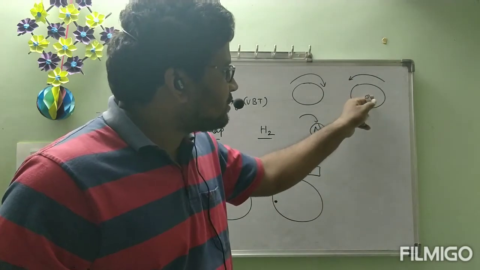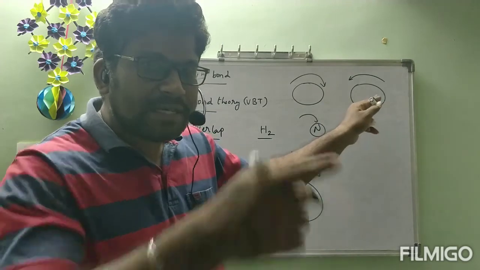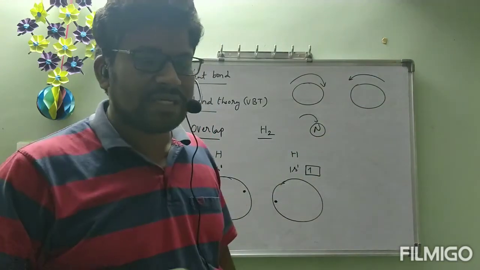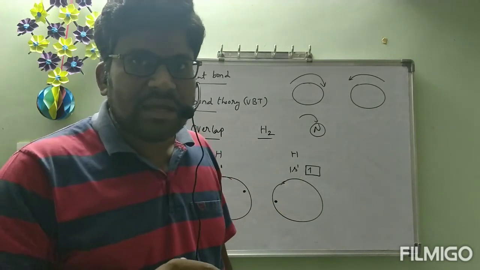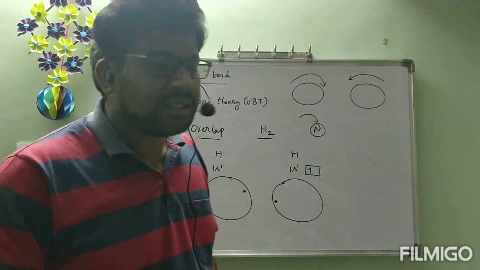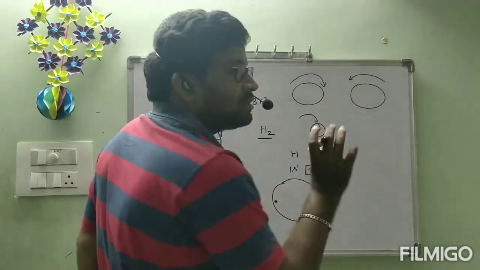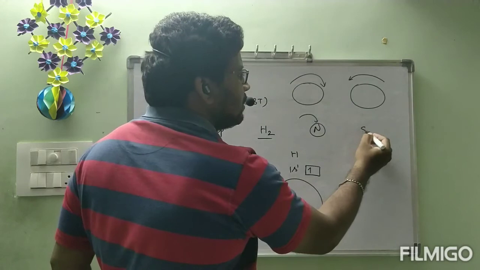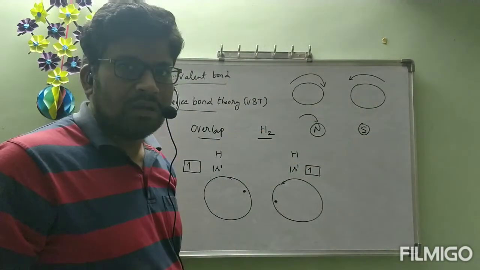In the same way, this second electron has the same magnitude, but it spins in anti-clockwise direction. Because of the anti-clockwise spin, this electron is surrounded by South Pole.